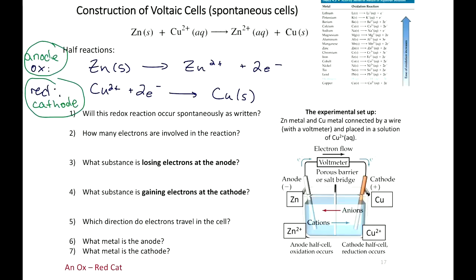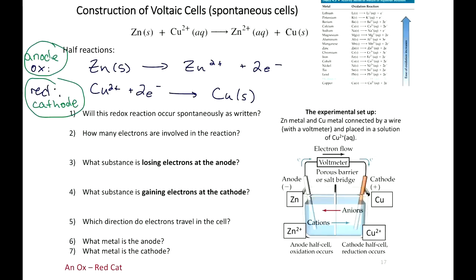So if you identify your oxidation half reaction and your reduction half reaction, you know what reaction is happening at your anode and your cathode. So I just memorize An Ox, Red Cat. That's how I memorize those 2 things. So anode, oxidation, red cat, reduction, cathode. All right, and that's just the terminology that we use in electrochemistry.